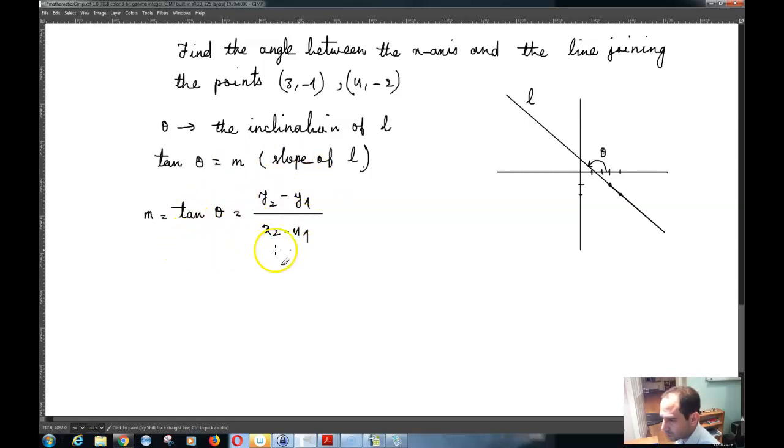Using this, you can figure out what your theta is.